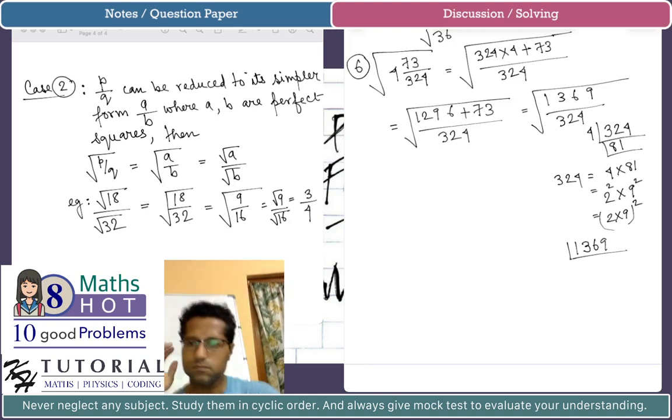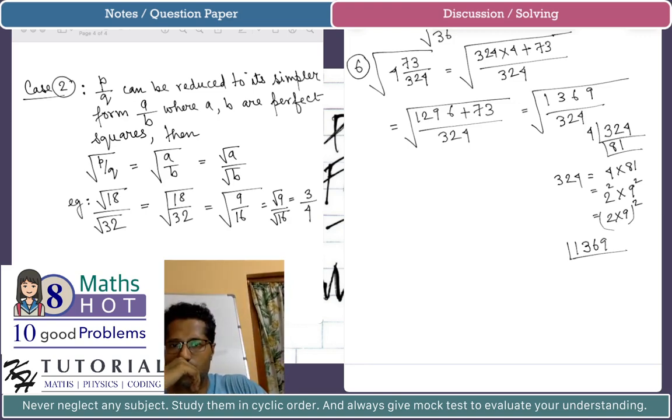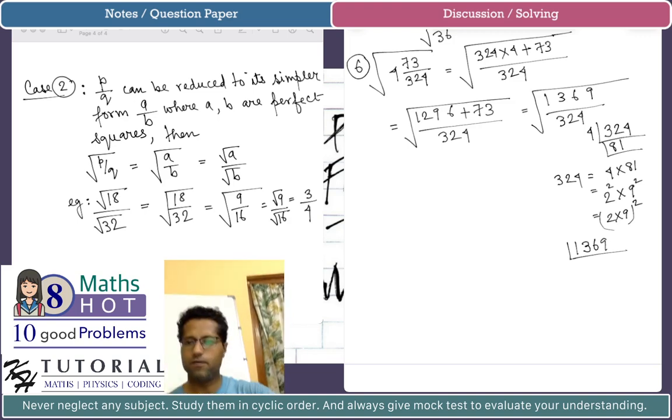Okay. Now, whose square root? We have 1369. The ending digit is 9. So if it is a perfect square, the number whose square is this number should end with 3 or 7. That number should end with 3 or 7.